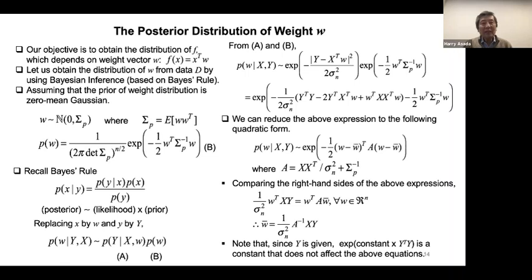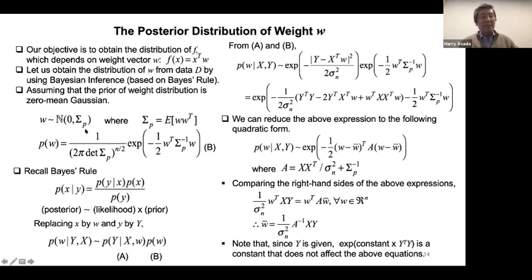As I said, W is treated as stochastic quantities. So assume that the prior of the weight distribution is zero-mean Gaussian. This is a difficult part, to provide any meaningful prior. But before doing anything, let's assume that the weight W is distributed and we know just a rough estimate of its variance, which is sigma p.